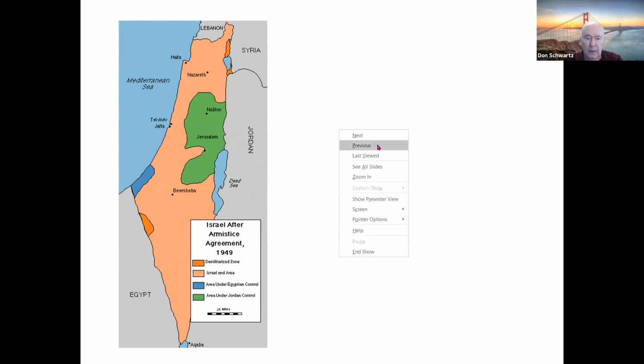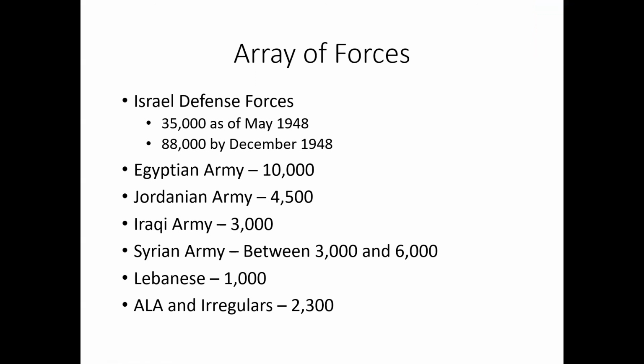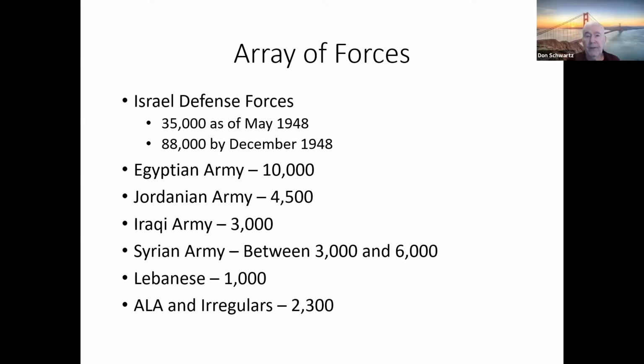Now, these Arab forces were also divided by personal, political, tribal, and regional differences. And so there was very little coordination of Arab military movements because each Arab nation was suspicious of each other's territorial ambitions.